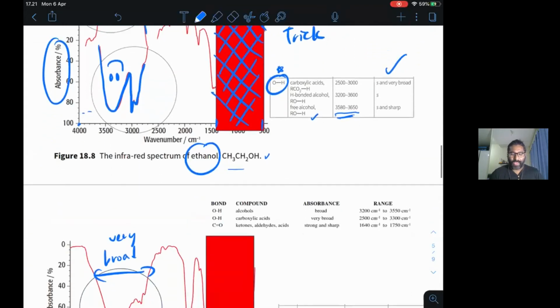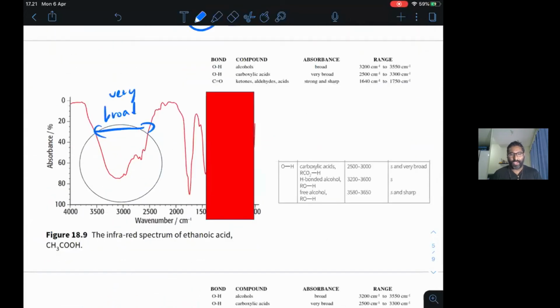Now, for carboxylic acid, it's going to be slightly different. They are going to be very broad. This is going to be an indication: very broad, and the range is 2,500 to 3,300, somewhere here.